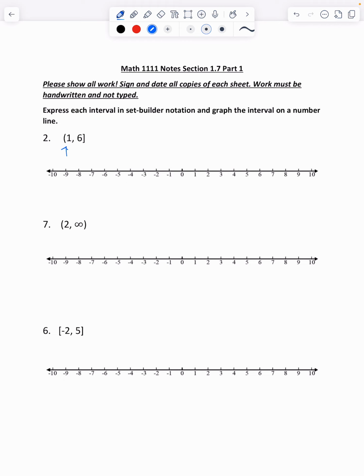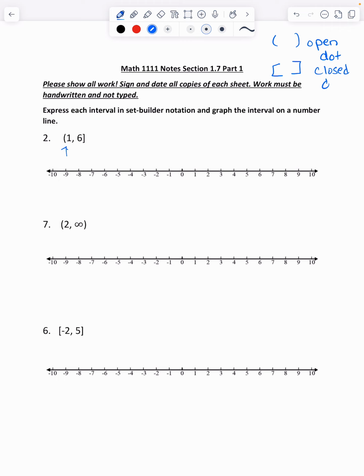The parentheses or the bracket tells me if I'm going to use a closed dot or an open dot. If I'm using parentheses, it's going to be an open dot. If I have brackets, we're going to use a closed dot.